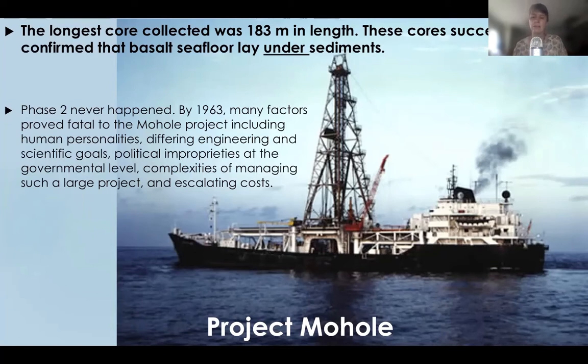There were a number of political improprieties at the government level, and there was also the complexity of managing such a large project that was escalating in cost, because a group of scientists came up with it, but it turns out if you want to do something this massive, you need an entire management system, and they didn't have that in place. And so Congress in 1963 nixed phase 2.